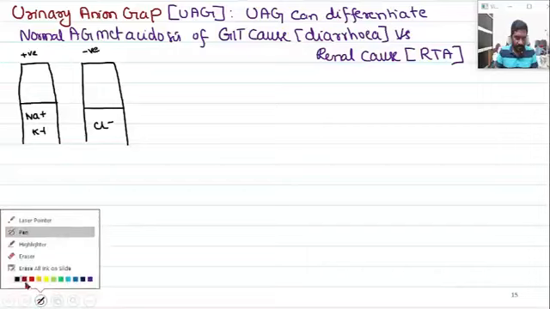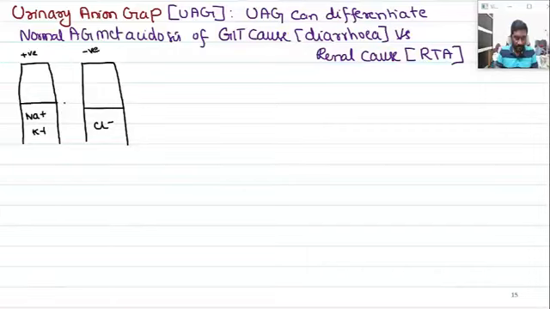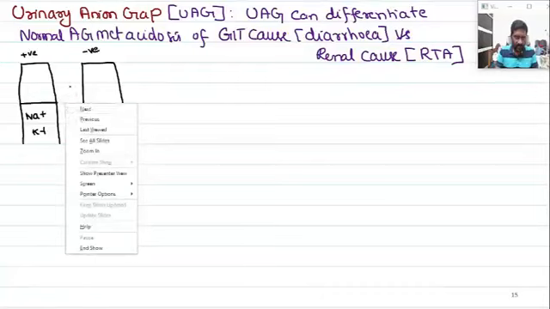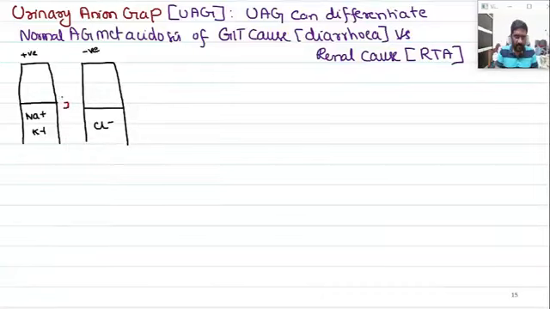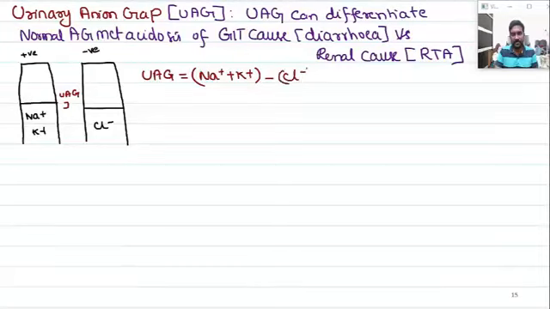And always between measured positives and measured negatives, a very slight gap called urinary anion gap can exist. So the formula in the urine is different. Urinary anion gap is the difference between measured positives minus measured negatives within the urine.